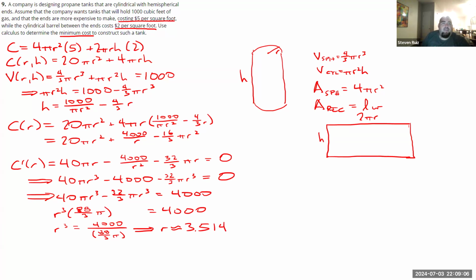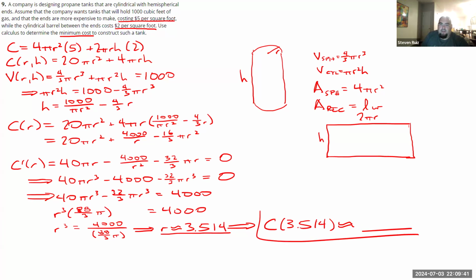Are we done? Not quite. We're close, but there's one more thing we have to do. Since this is the fourth one of these that I've worked out, hopefully I can leave this for you. This is the critical value of r. How do I find the cost with that? I have an objective function for the cost, which is expressed solely in terms of r. If you plug in the value of 3.514, this will give you your minimum cost.